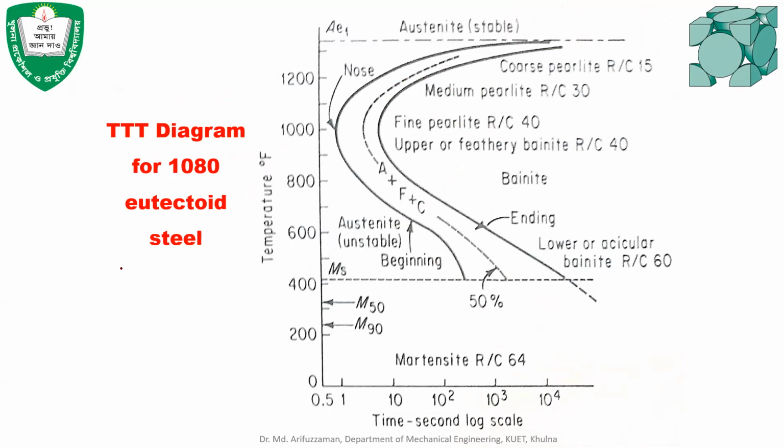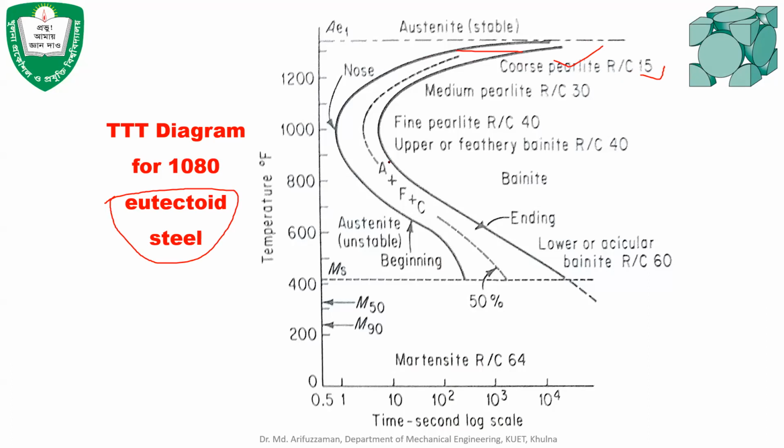And we are only studying the eutectoid steel, okay, 0.8% carbon steel. So when the transformation occurs at a very high temperature, then the product that is formed is actually coarse perlite, which has a very small Rockwell hardness, like 15 Rockwell hardness number.